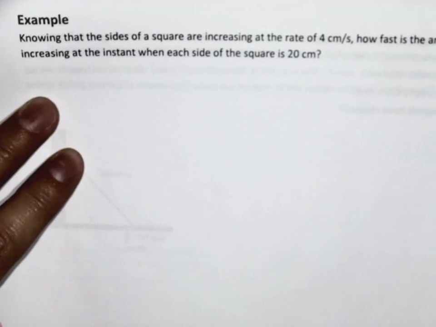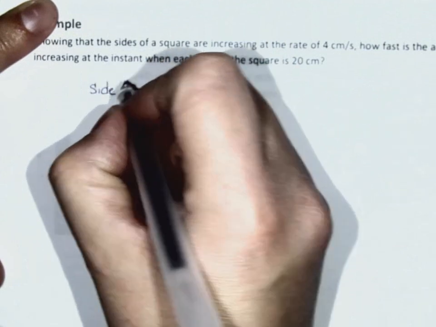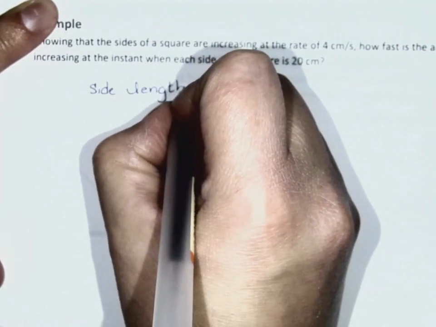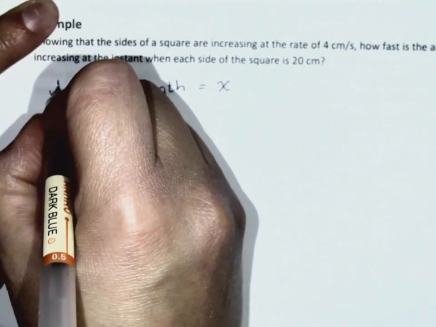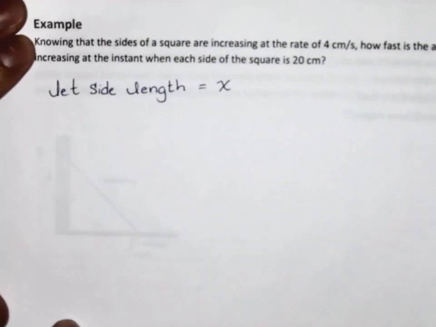Okay, so we just need to define some stuff here before we can start using dx, dt, that sort of thing. So let side length equal x.